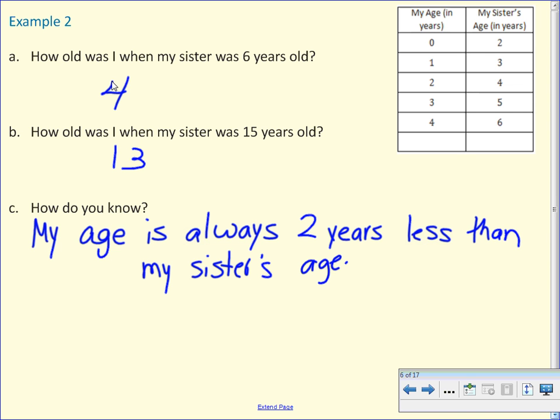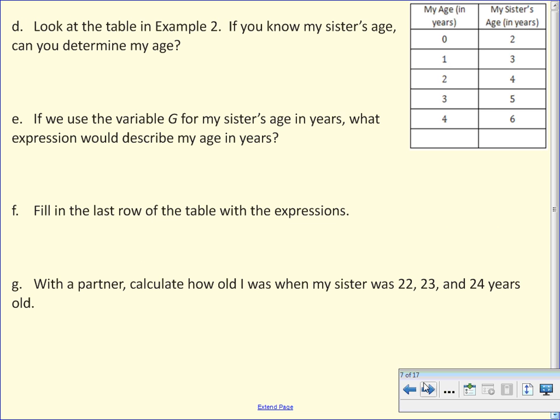So no matter what she is, I'm 2 years less. So if we use G for my sister's age, how do we do it? Just like Petra said, we subtract 2.